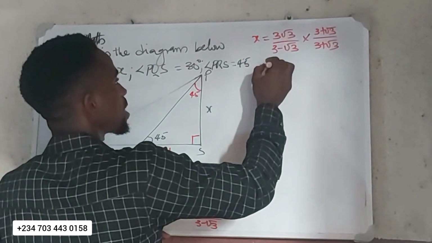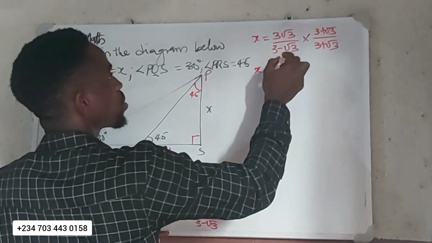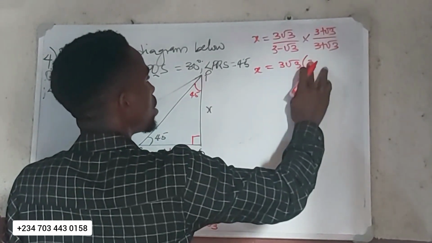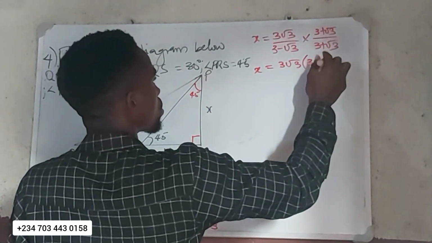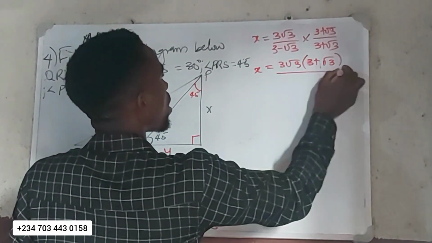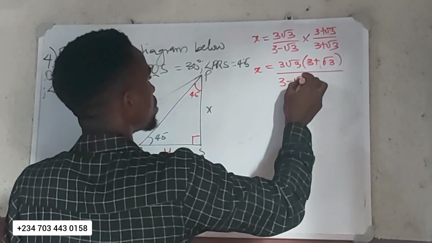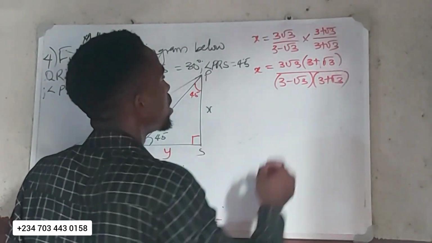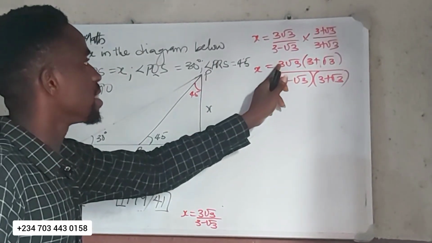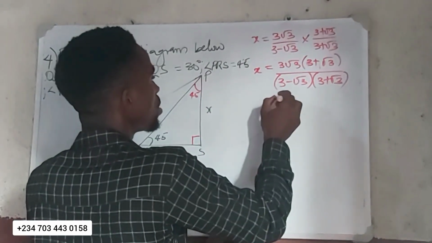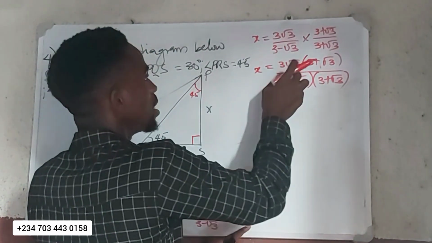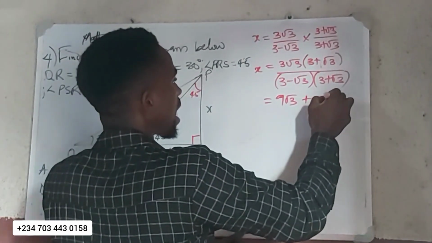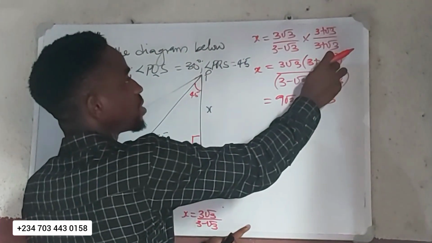So we have x is equal to, use this to multiply, this is 3 root 3 into 3 plus root 3 all upon 3 minus root 3 into 3 plus root 3. So when you multiply this, 3 root 3 times 3 is going to give you 9 root 3. 3 root 3 times root 3 will give you 3 times 3, because root 3 times root 3 is 3.